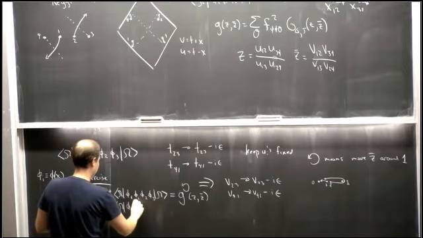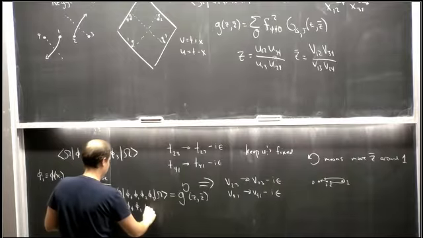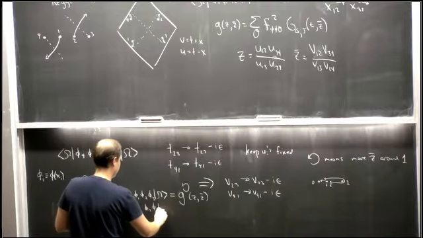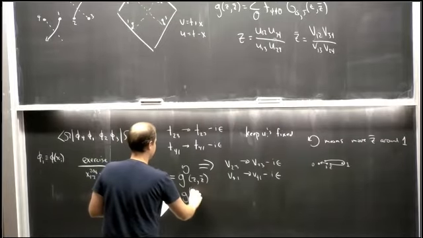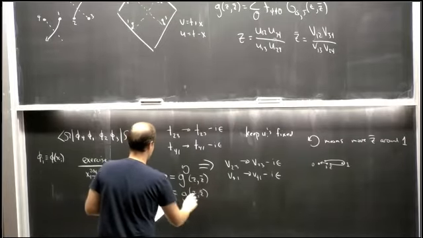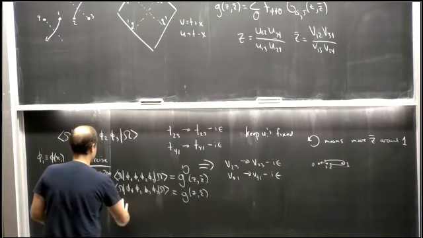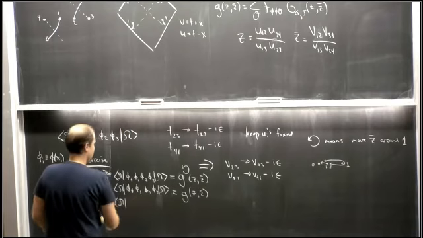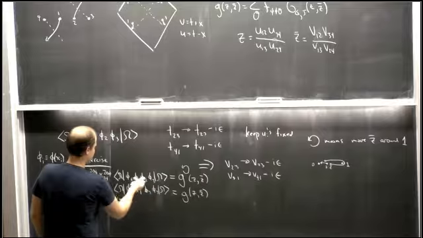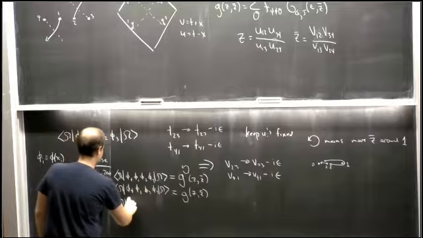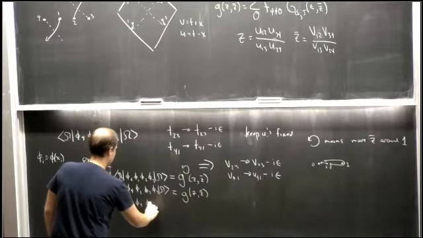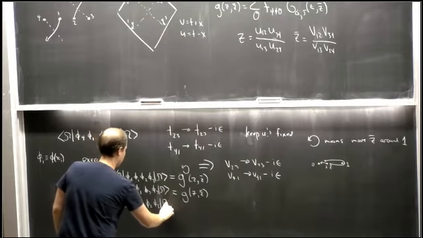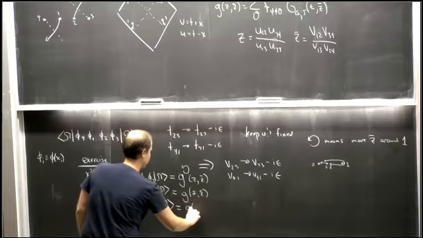So for example, phi4, phi1, phi3, phi2. And it turns out in this case, there's no monodromy on z bar. So this case differs by swapping the order of 2 and 3. We can also swap the order of 1 and 4. In this case, there's also no monodromy on z bar.